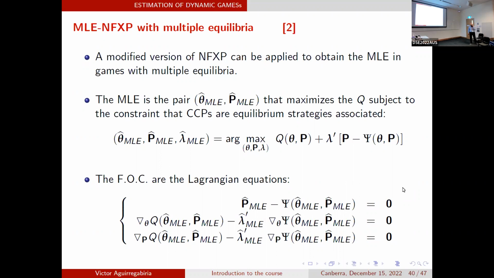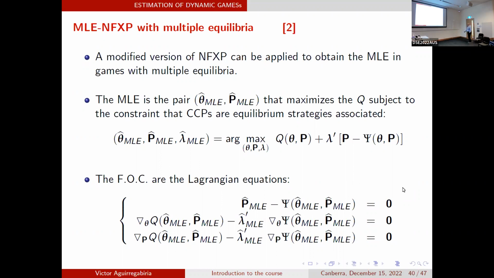There is a paper by Doraszelski and Satterthwaite in Theoretical Economics, where they characterize the set of Markov perfect equilibria in this model. And they show that the set of regular equilibria is discrete and finite.